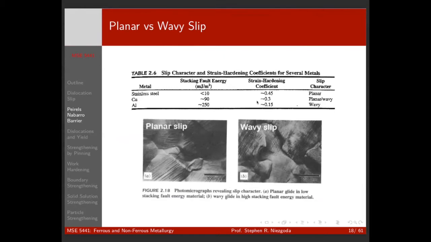So we see that as a difference between planar slip versus wavy slip. So this is aluminum. You can see these slip traces are not straight. They're curved and convoluted, right? That's a consequence of easy cross slip. Whereas in copper, well, this is planar, so this is probably a steel of some kind.